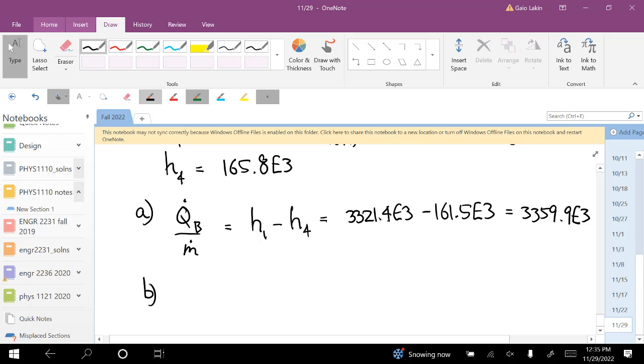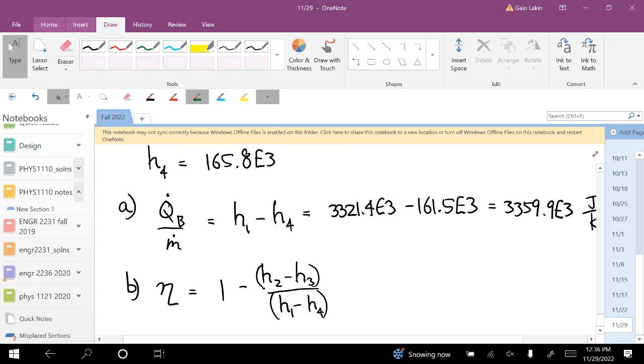Second, we want to calculate the thermal efficiency. That's equal to 1 minus the quantity H2 minus H3 divided by the quantity H1 minus H4. Again, just plug those values in and you get 0.328.